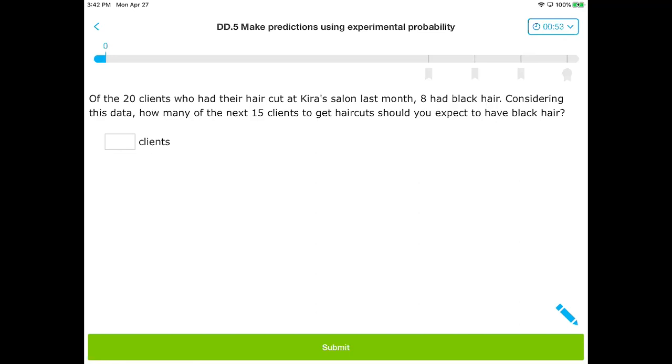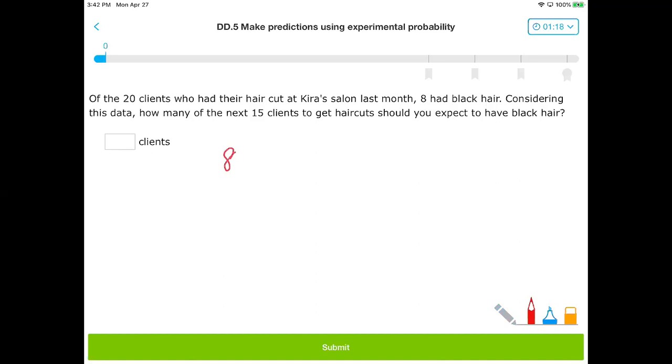If we continue at the same rate, how many of the next 15 clients do you expect to have black hair? It's implied that there's a rate that we're going to continue to have, and then how many of whatever we're looking for will it be?